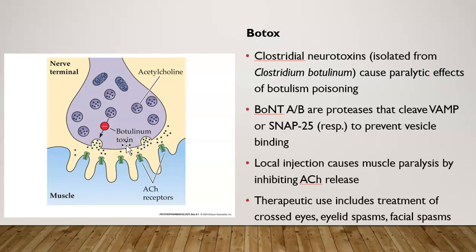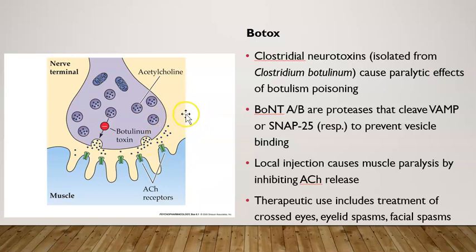If you were to inject botulinum toxin into this area, say someone getting face Botox, they're injecting the botulinum toxin right here, by the muscles and where the neurons connect.